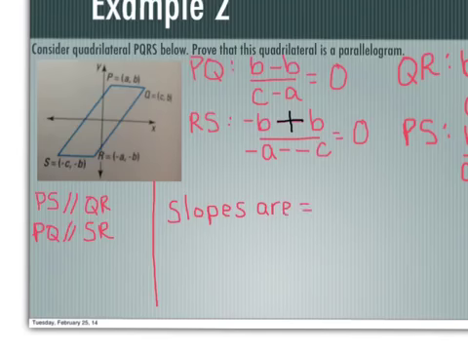And then I can say PQRS is a parallelogram. What's my reasoning for that? Good. Definition of parallelogram.